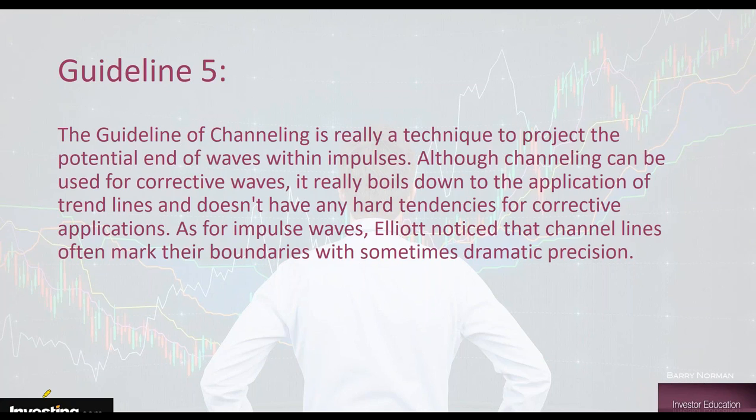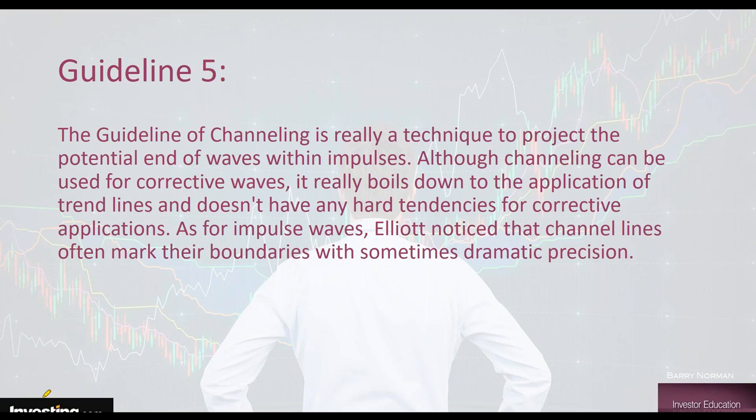Guideline 5. The guideline of channeling is really a technique to project the potential end of a wave within impulses. Although channeling can be used for corrective waves, it really boils down to the application of trend lines and doesn't have any hard tendency for corrective applications.